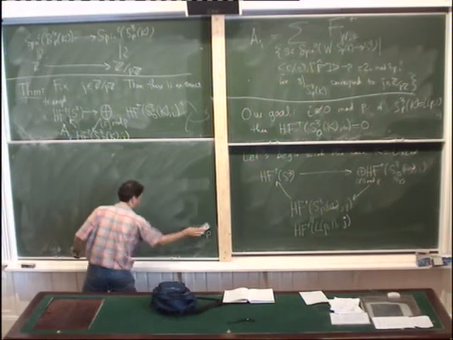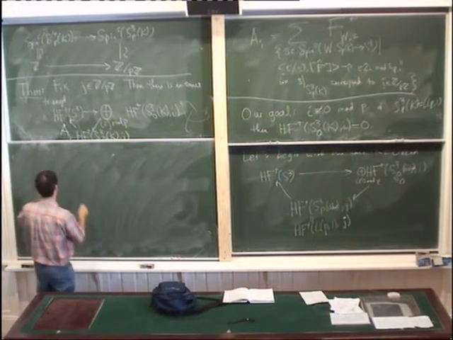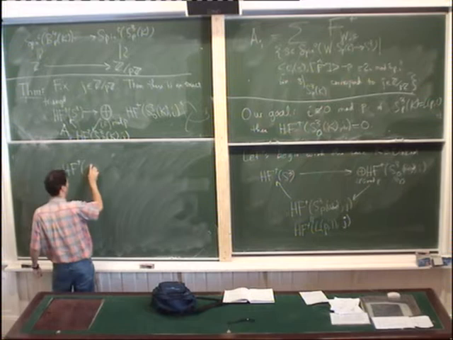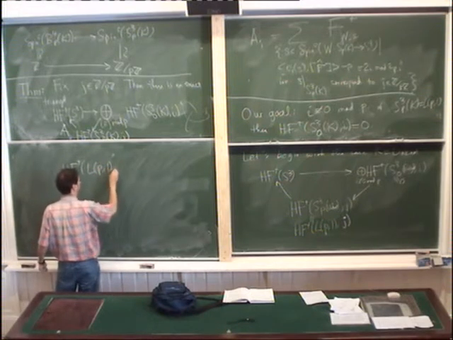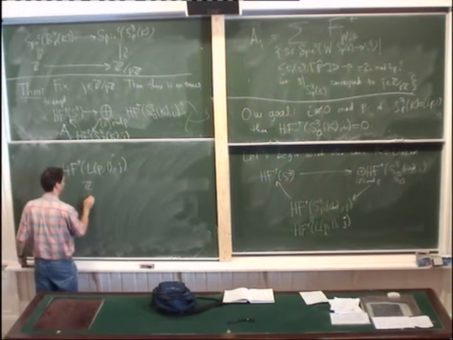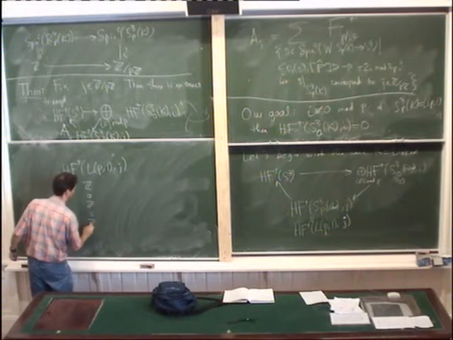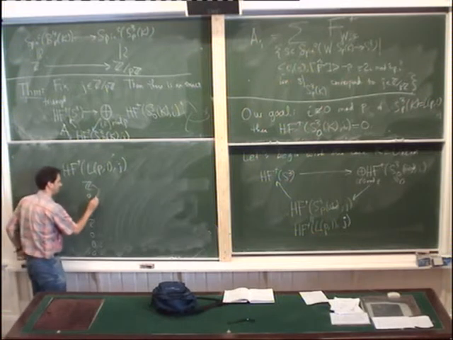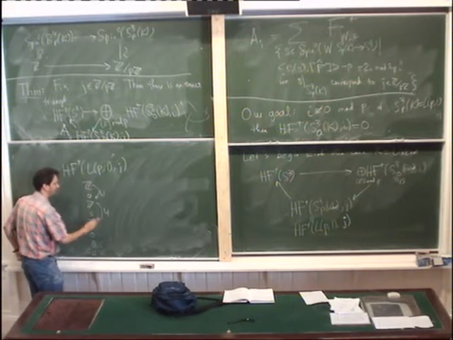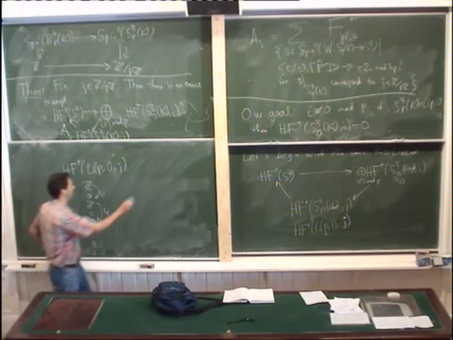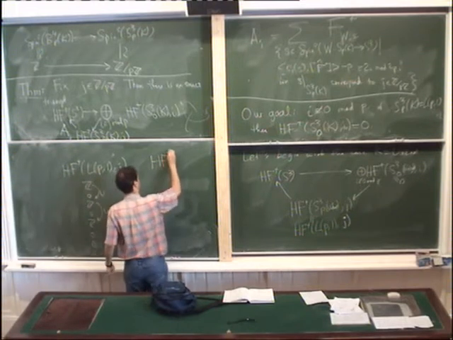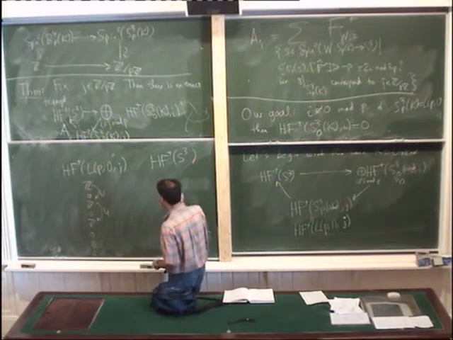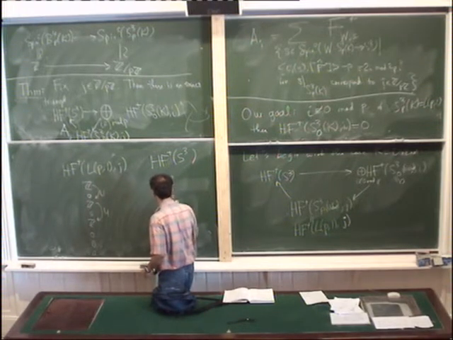We're going to have to use the absolute gradings in a minute. But what does HF plus of LP1 in the jth spin C structure look like? It's an infinite chain of Z's and zeros, where the U action drops by 2 going in one direction, and similarly HF plus of S3 is also an infinite chain.